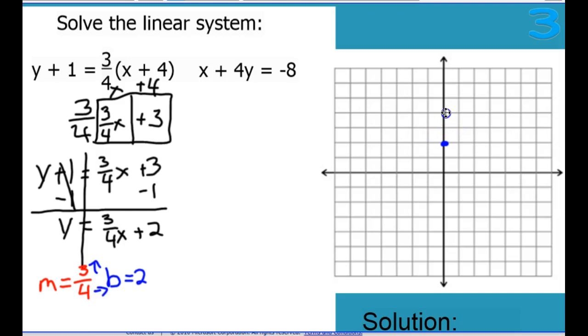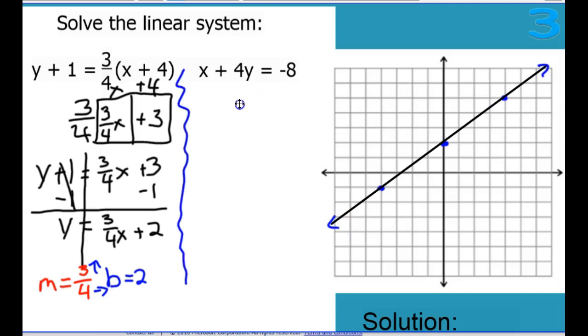So up 1, 2, 3, over 1, 2, 3, 4. Or down 1, 2, 3 and over to the left 1, 2, 3, 4. So we have that line graphed. We can go on to our next one.